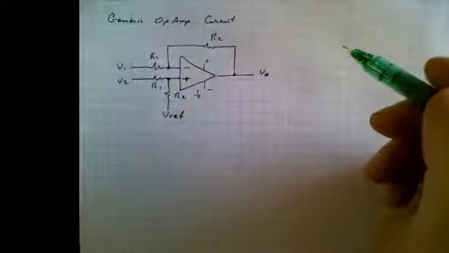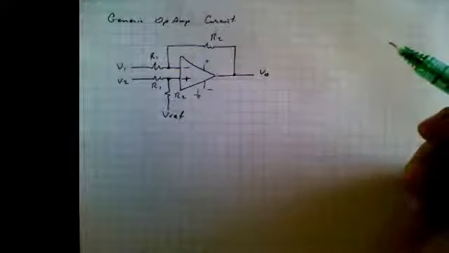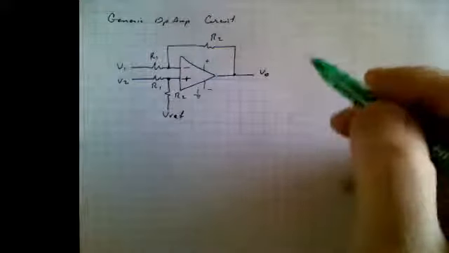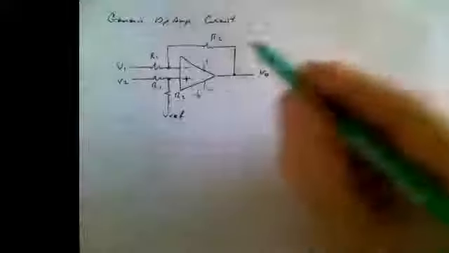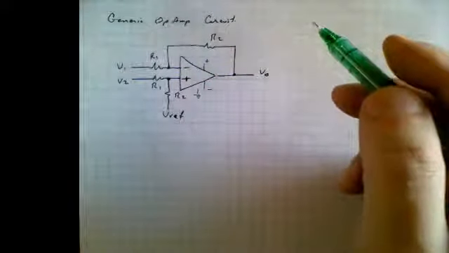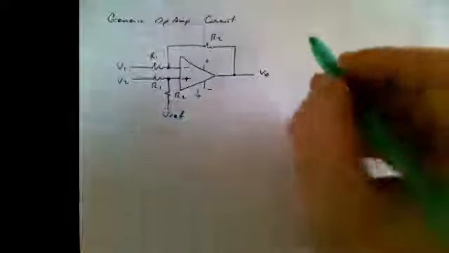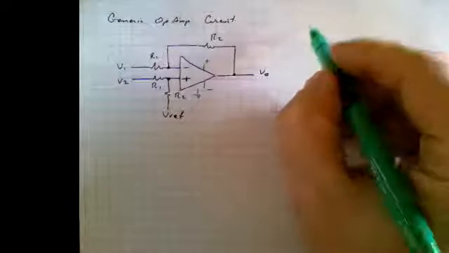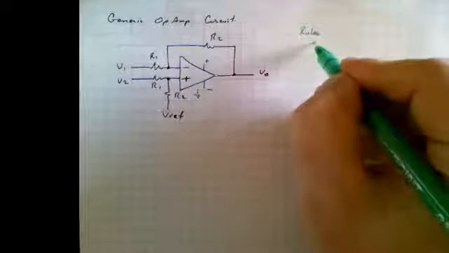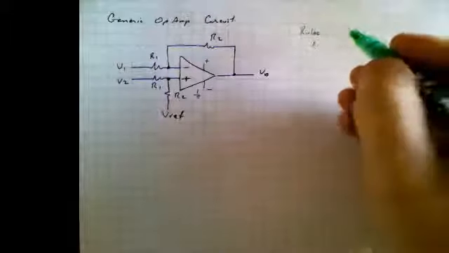There are a few simple rules that we should be aware of to understand how this circuit works. And that is that this op-amp is very, very close to an ideal amplifier. So therefore, we'll just write down a couple of these rules. The first one is the inputs draw no current.